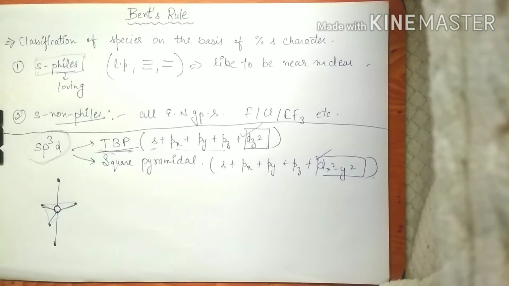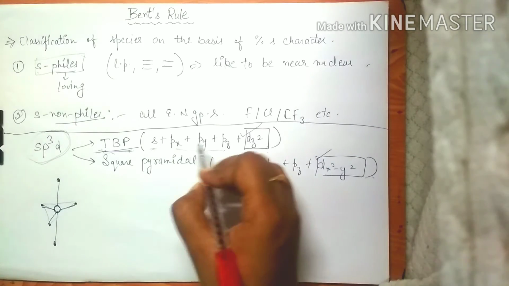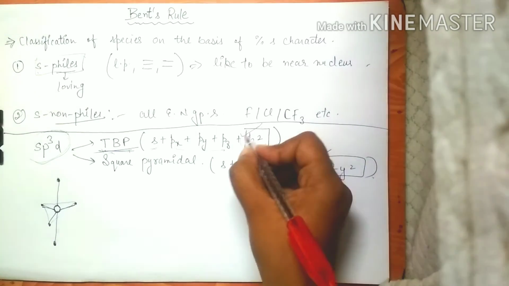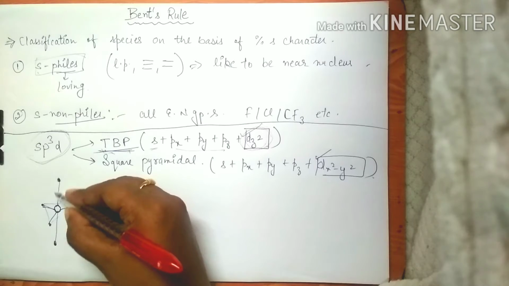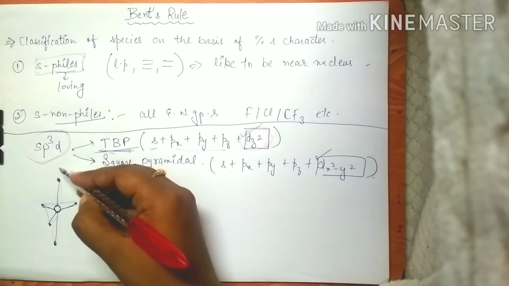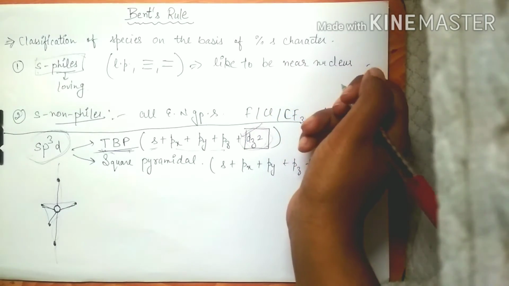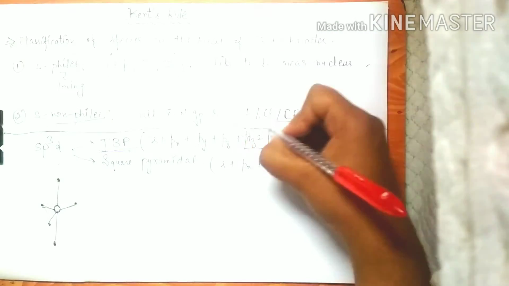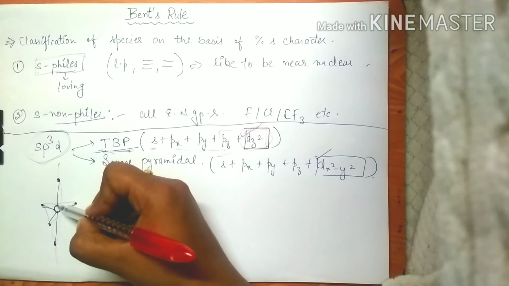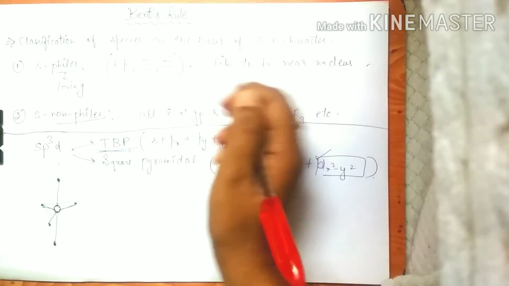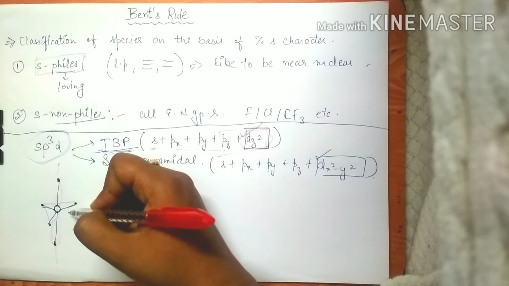In this geometry, we have s, px, py and pz along with dz square. Why have we taken dz square? Because two of these bonds are formed in the z direction, so dz square is required. Along with pz, dz square undergoes mixing and forms a hybridized orbital here.